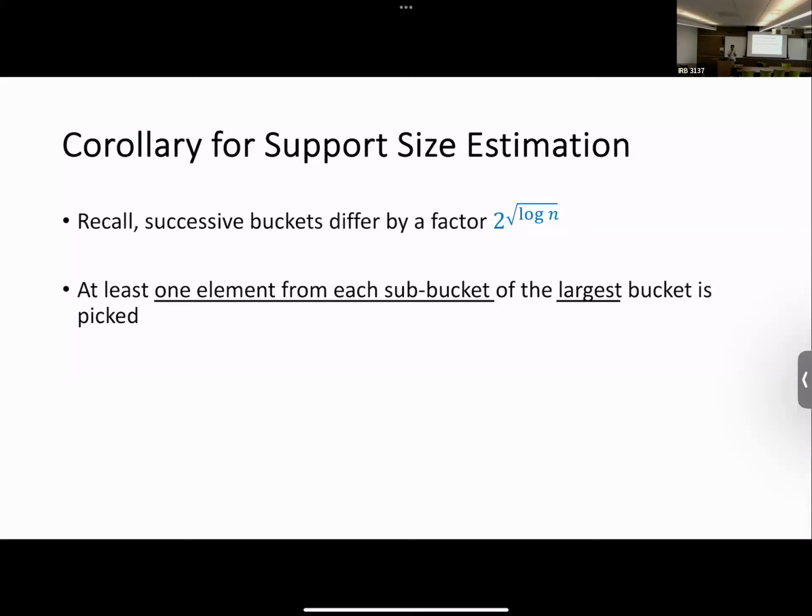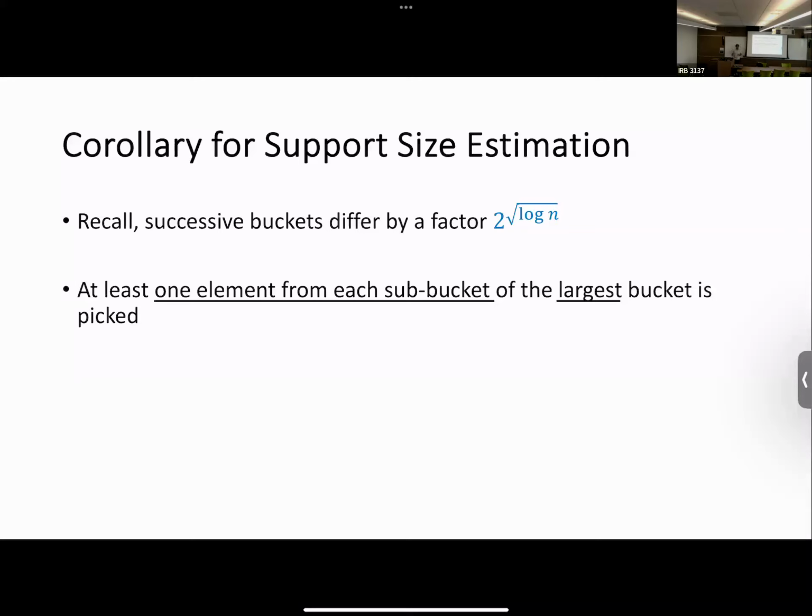And even within each bucket, if you divide it into two equal halves, each half is significantly larger than the previous buckets. So you will pick at least one element from each sub-bucket. Once you pick that, distinguishing is easy, because the gap in probability is constant: in one half you have 3/4 and in the other you have 1/2.